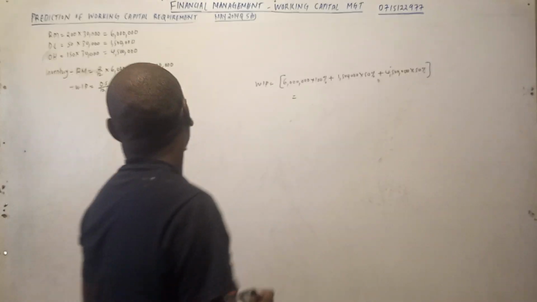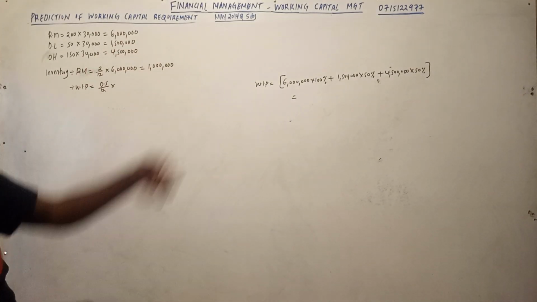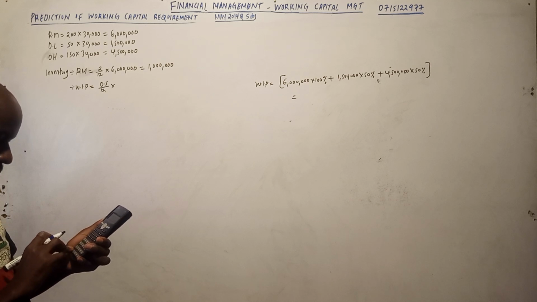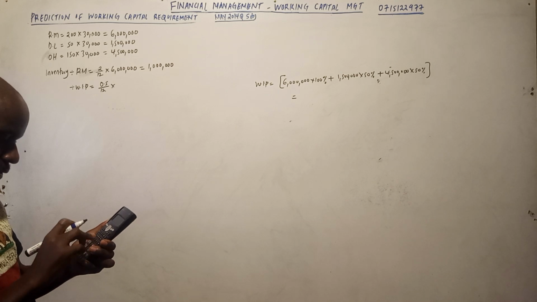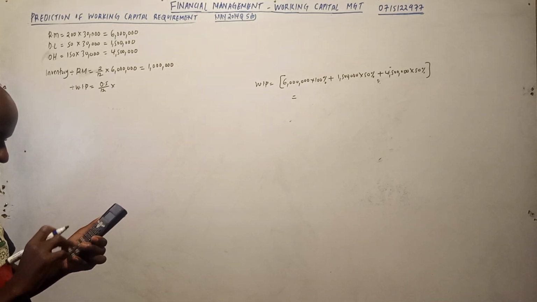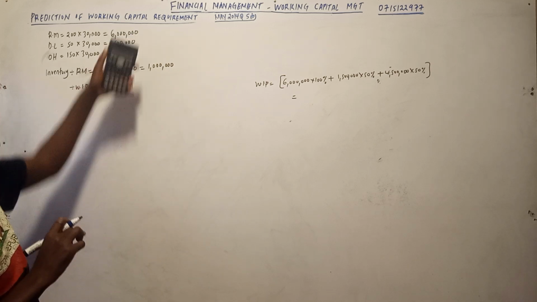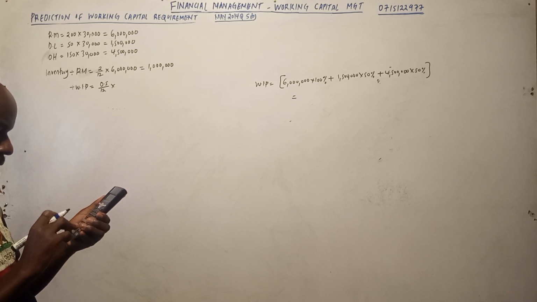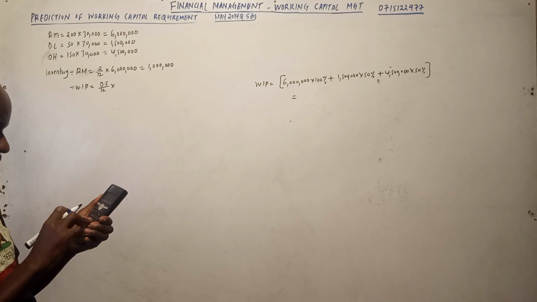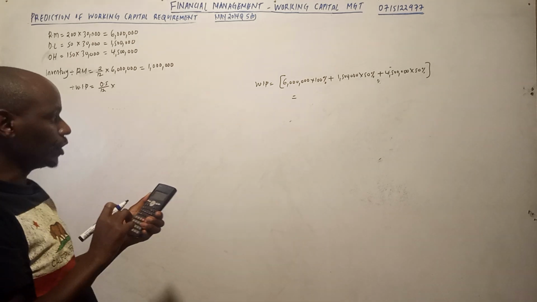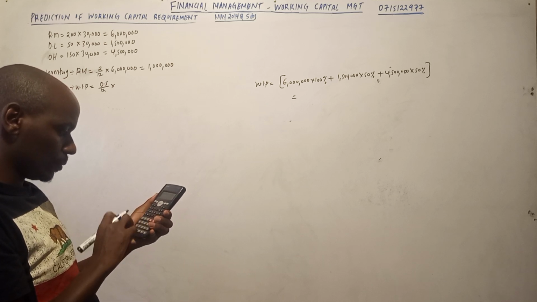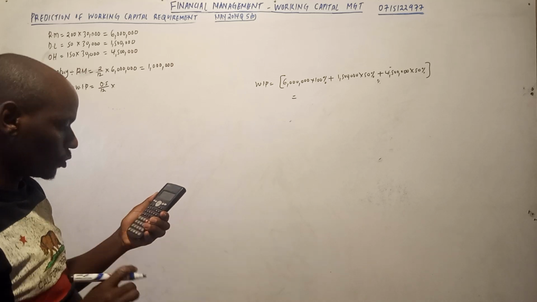So 6 million times 100%, plus 1,500 times 50%, plus 4,500 times 50% still. So nimepata 9 million.